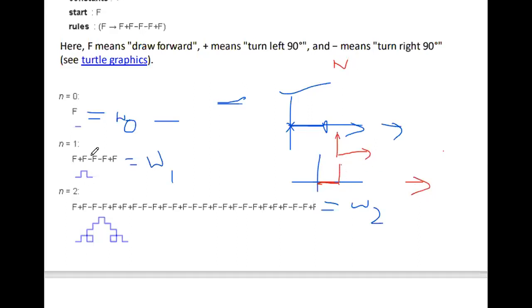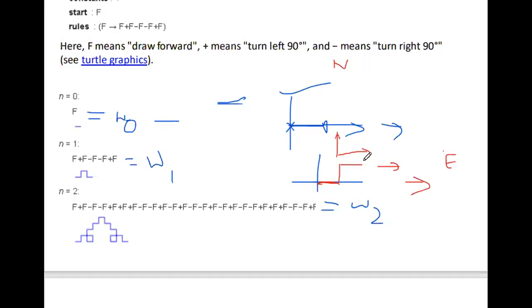Move forward, draw forward by 1 centimeter, still facing this side, east. Then again negative: turn right by 90 degrees.